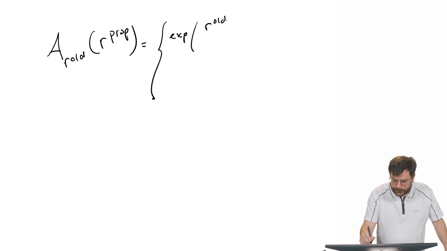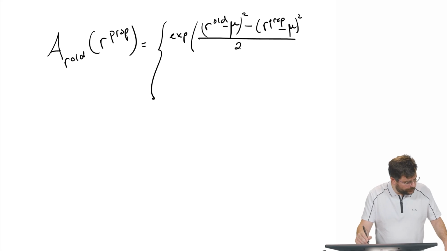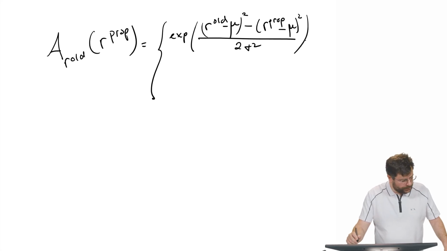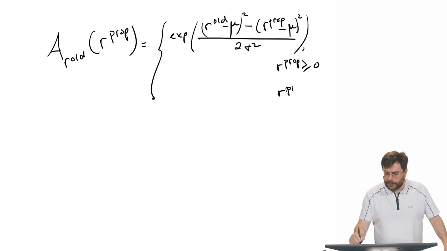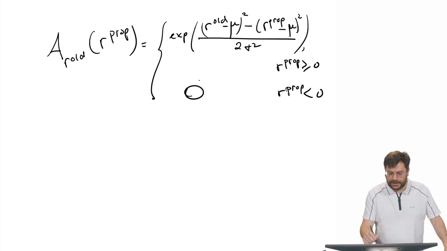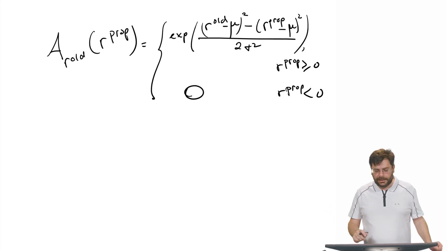That's R old minus mu squared minus R proposed minus mu squared divided by 2 sigma squared. And this is for R proposed greater than or equal to 0. And for R proposed less than 0, we already said that the acceptance criterion is 0 because pi of R proposed is 0. Okay.